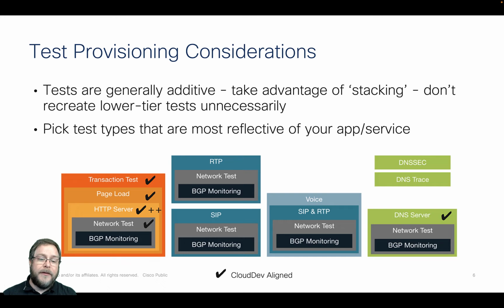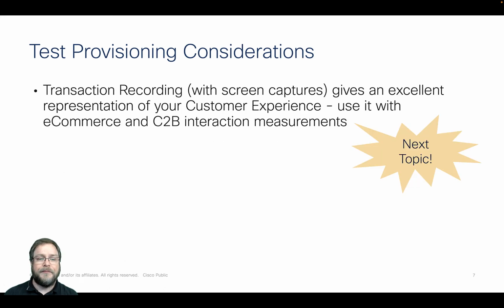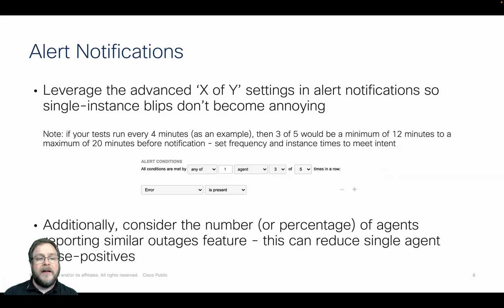Pick the types of tests that are most reflective of your app and service. So if you're doing something that's collaborative voice video streaming, then you might use the voice and SIP RTP type tests. We're going to show in the next topic transaction recorders and how it can even do screen captures to give us a representation of our customer experience when going to an e-commerce or consumer to business interaction.